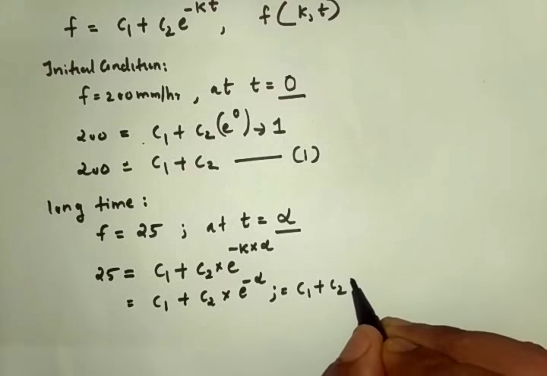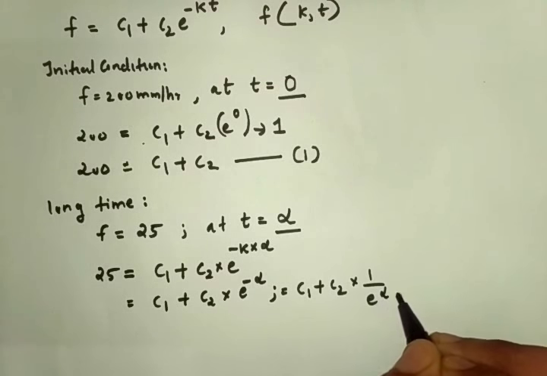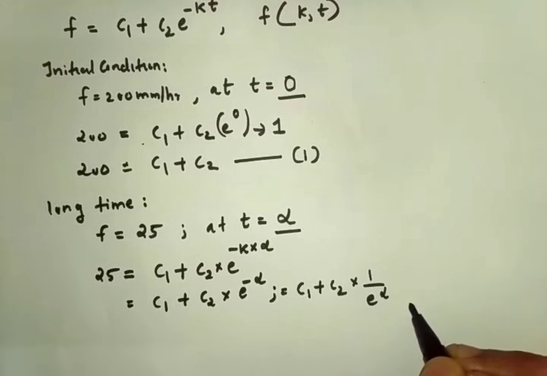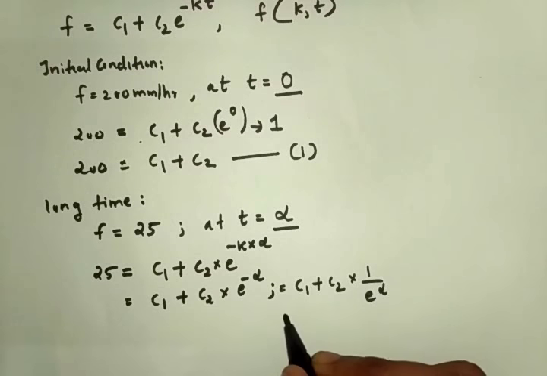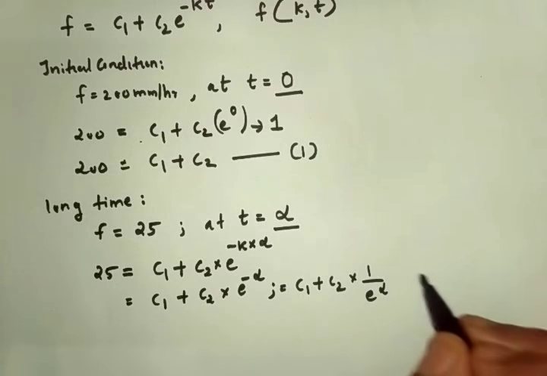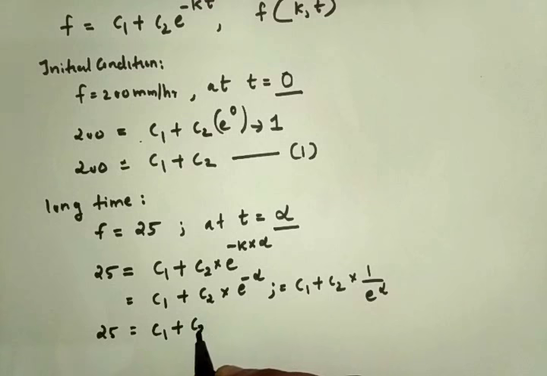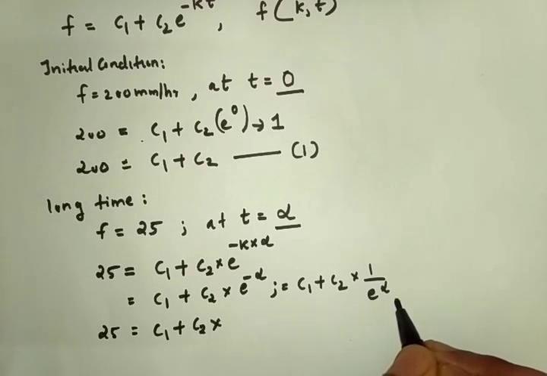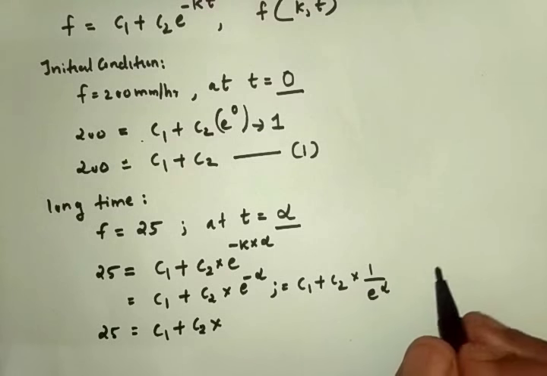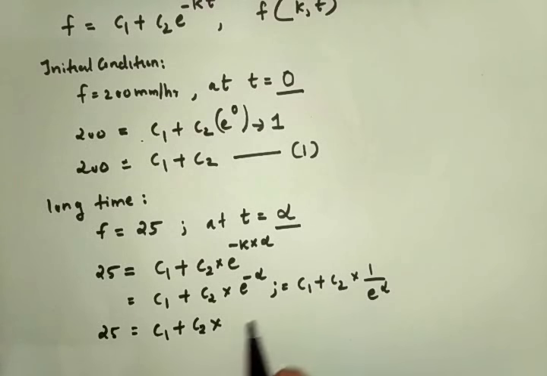So that equals C1 + C2 times 1 by e raised to infinity. e raised to infinity is again infinity, so 25 = C1 + C2 times 1 by infinity, and 1 by infinity is equal to 0.